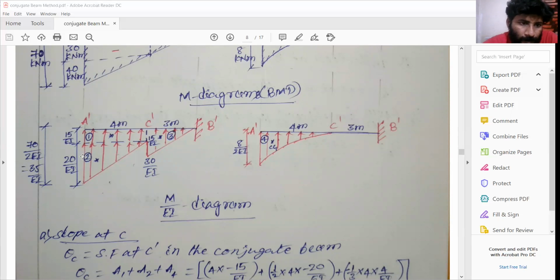Then take the moment of area 2 about B. Then again the moment of area 3.